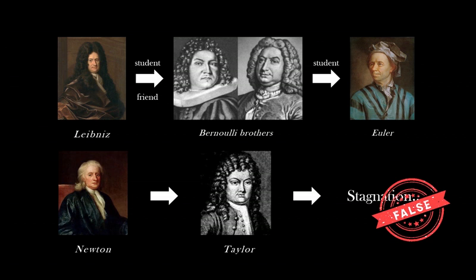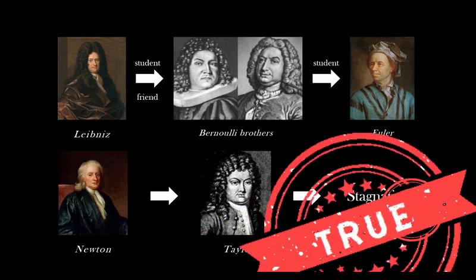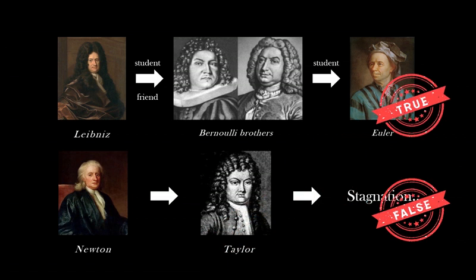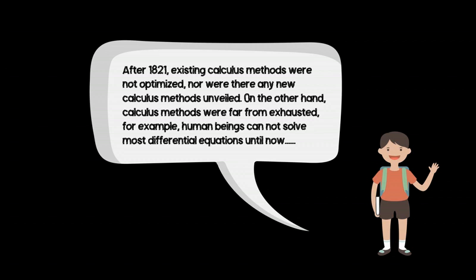All these historical facts point to a conclusion that the rapid development of calculus methods was mainly due to the thoughts of Leibniz but hardly had anything to do with the calculus theory Cauchy established with the theory of limit, on the basis of Newton's thinking. After 1821, existing calculus methods were not optimized, nor were there any new calculus methods unveiled.